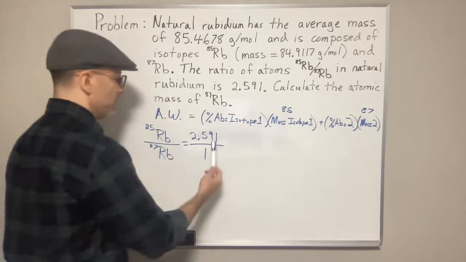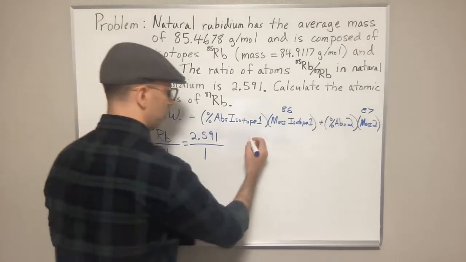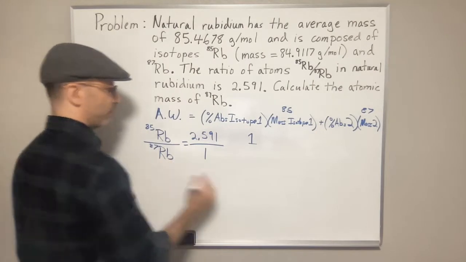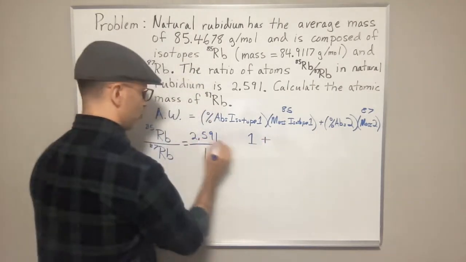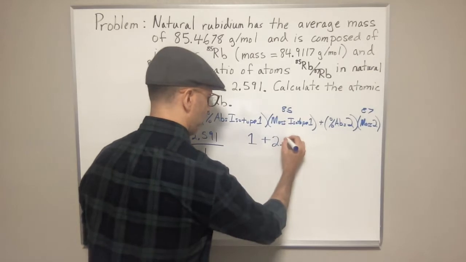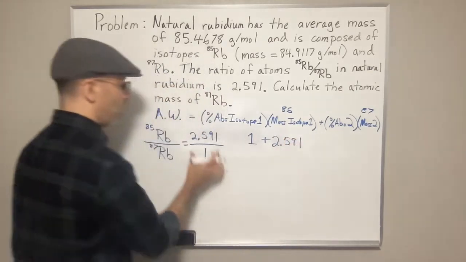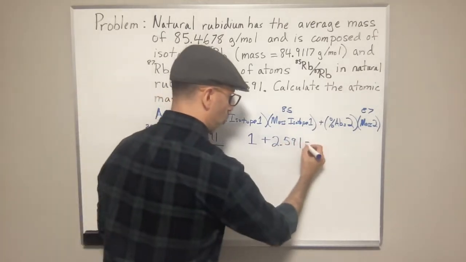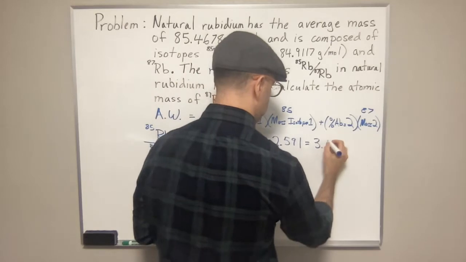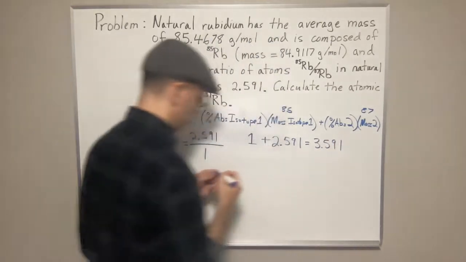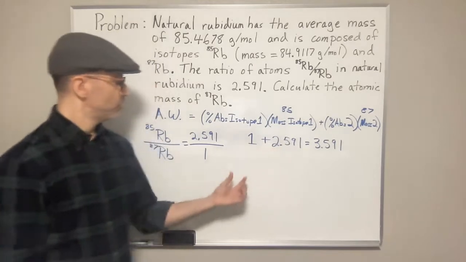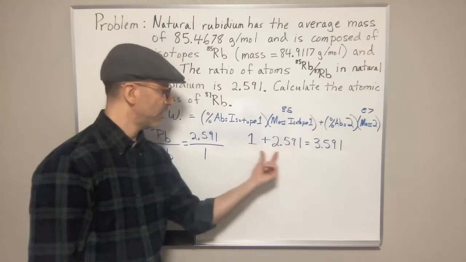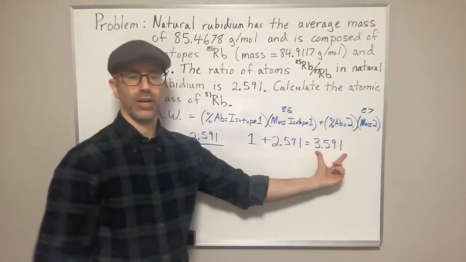For every one rubidium-87 that I have, I also have 2.591 of these. If I add these together, I get a total of 3.591 atoms.